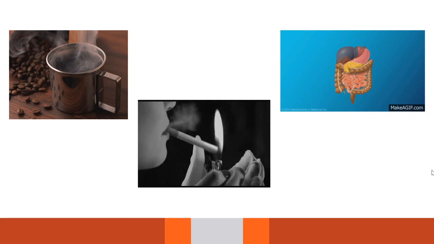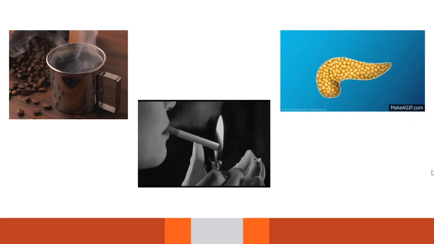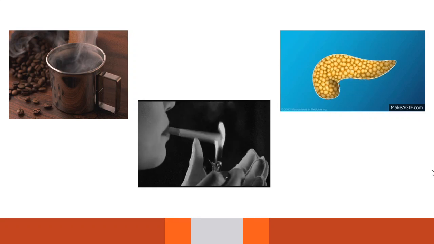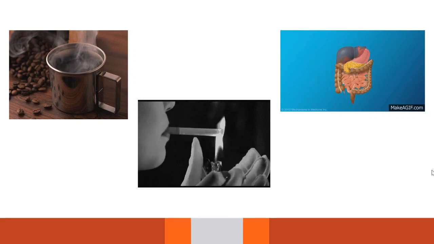Second, for us to say it is a confounder, it must be associated with the exposure but not a result of the exposure. Smoking is actually associated with coffee drinking, but it is not the result of drinking coffee.